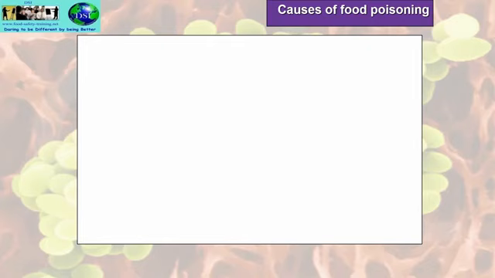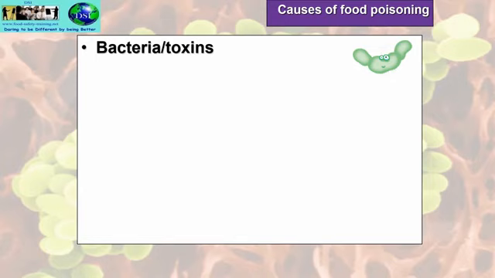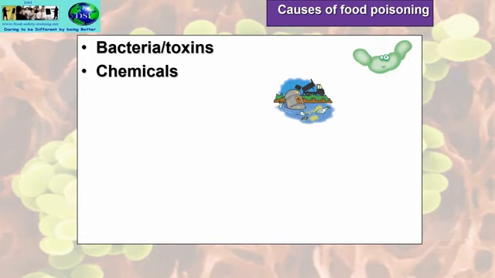Okay, let's kick off with the causes of food poisoning. We've got bacteria or their toxins, which we covered in the previous section. We've got chemicals. These can have acute or chronic effects. Don't forget, acute is something that happens short term. Chronic could happen over a long period of time.